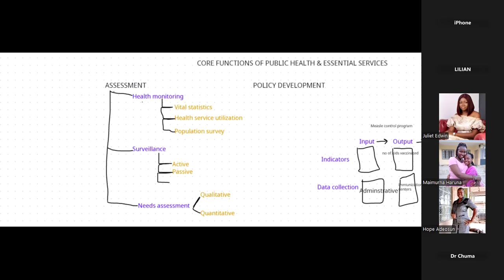There's also syndromic surveillance. Syndromic surveillance is something we use in the early phases of an outbreak, where we cannot even wait for lab results to start coming out. Syndromic is like, if you see this symptom, please report the case. For measles, you can say, if you see a child that has fever, conjunctivitis, and rashes, please report this case.